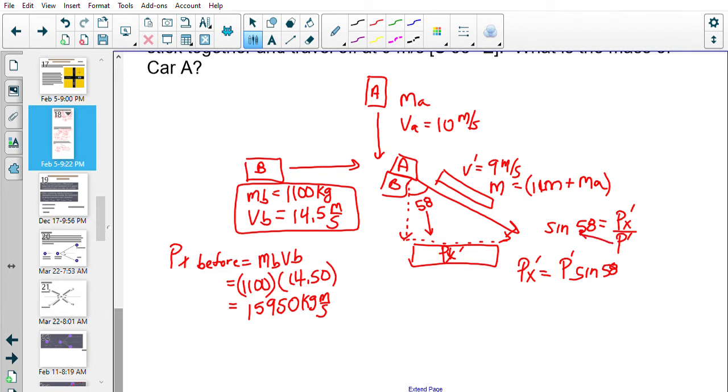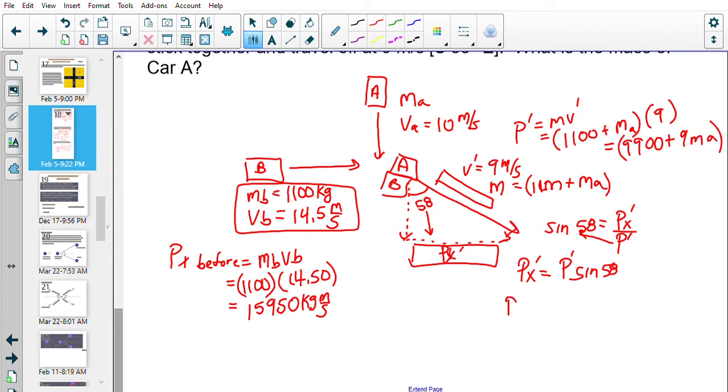Okay, so I don't know p prime. Well, p prime is just m times v prime. M is 1100 plus ma times v prime, which is 9. So that's 9900 plus 9 ma. So there's p prime.